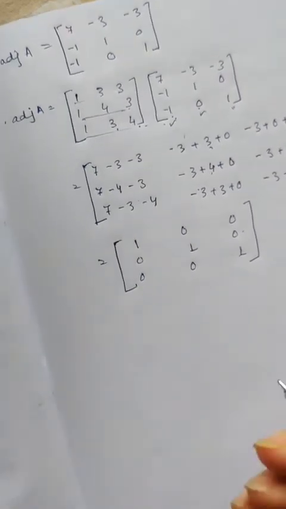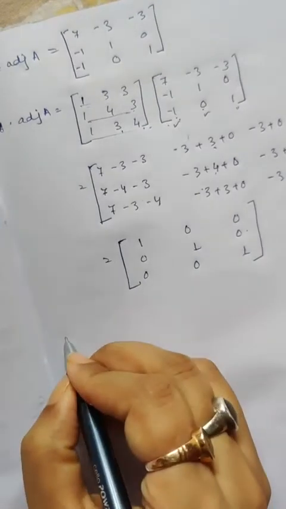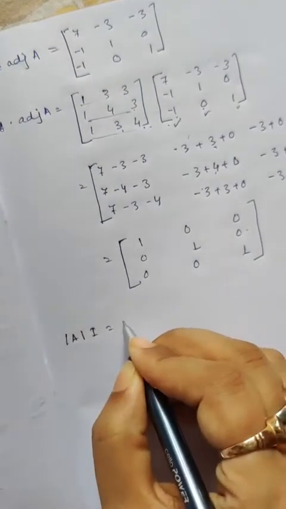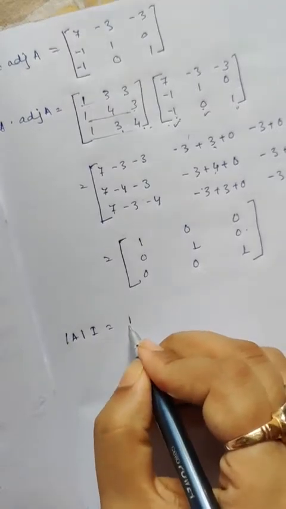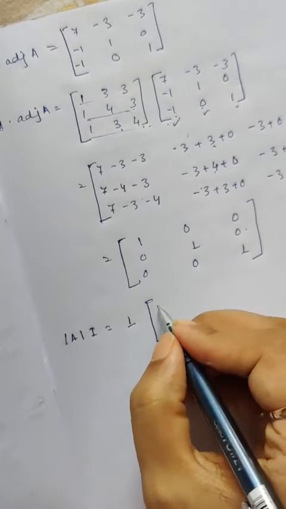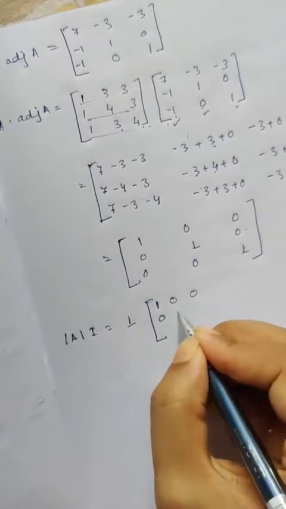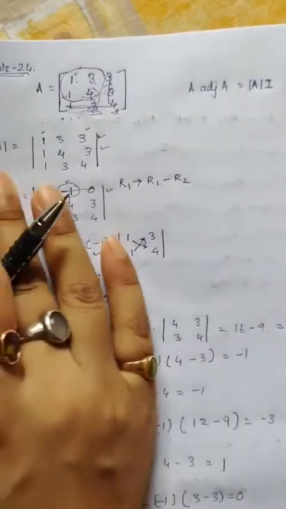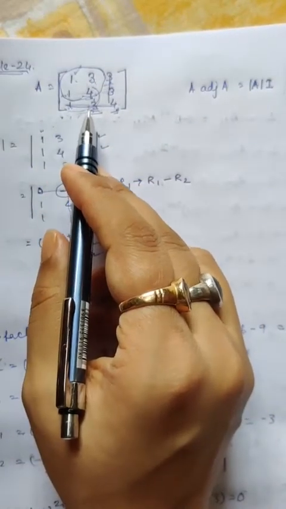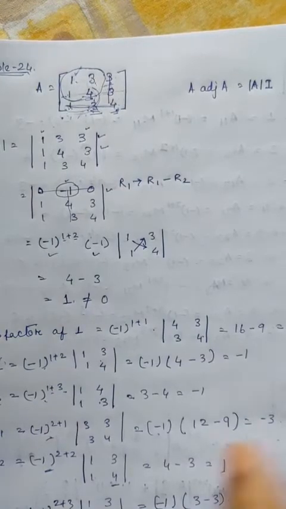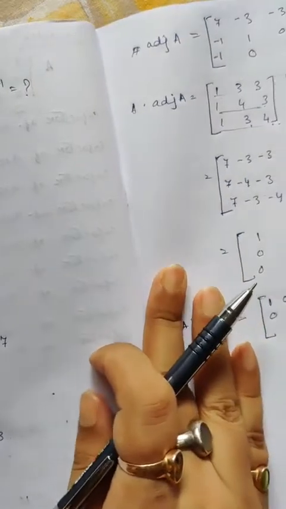Now we will find determinant of A into I. So determinant of A is 1 and I will be the identity matrix of order 3 by 3, because our given question is of order 3 by 3. So we have to take the identity matrix I of the same order 3 by 3.